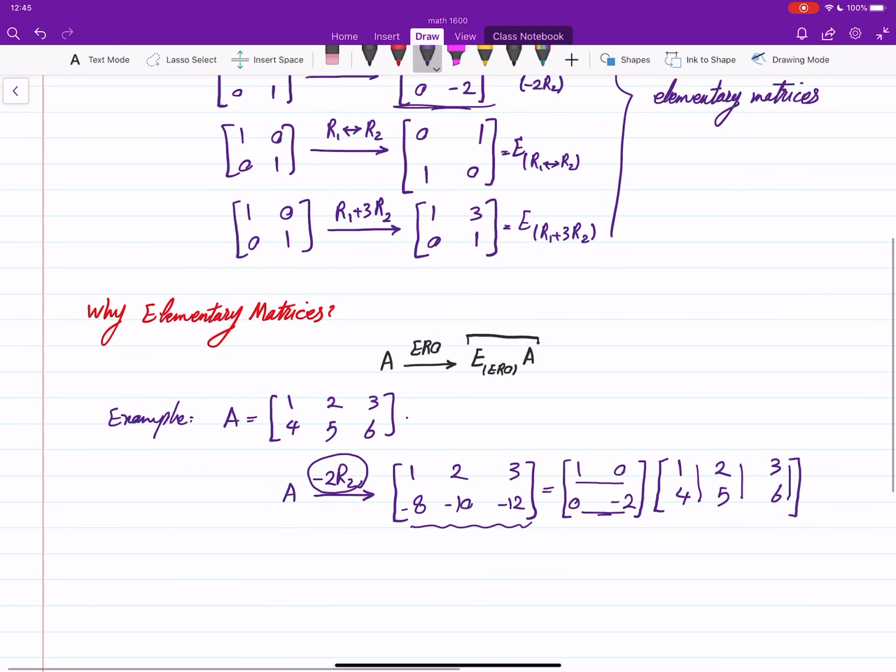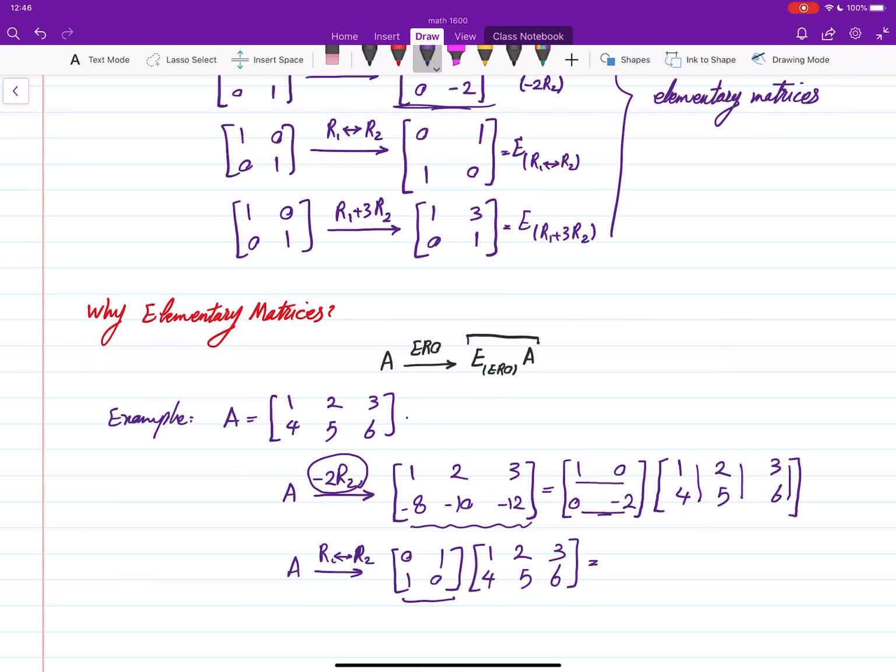Similarly, if you interchange row 1 and row 2, you will notice that this is the same thing as multiplying these together, the corresponding elementary matrix. So if you multiply, you get 4, 5, 6, and then 1, 2, 3, and so on.